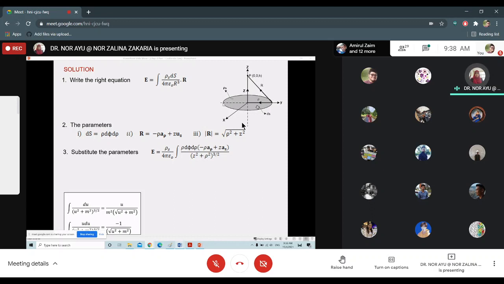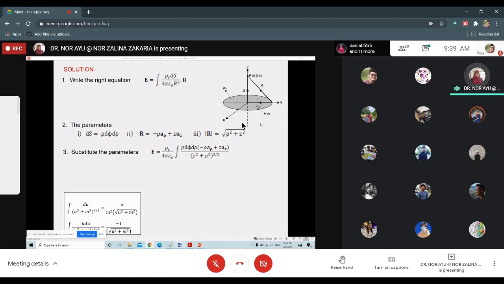So from here will be a negative rho plus dengan Z untuk R. Okay, so that's why what it means by we have this negative part dengan positive part. So when we combine these both for the rho part, dia akan cancel out. Okay, so that's why this rho A rho kita akan cancel out.